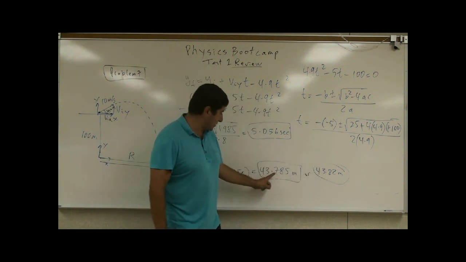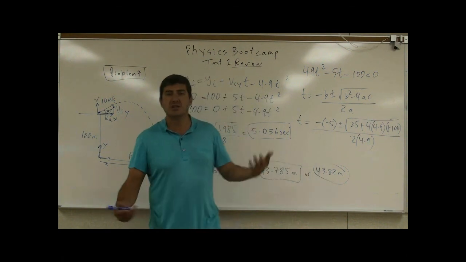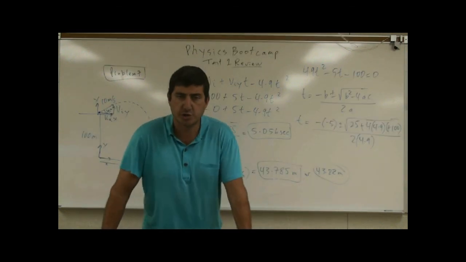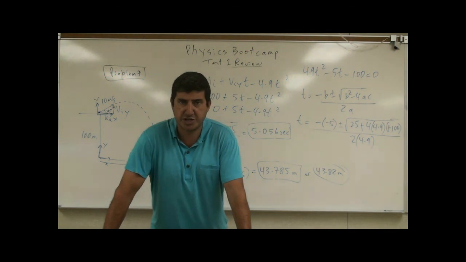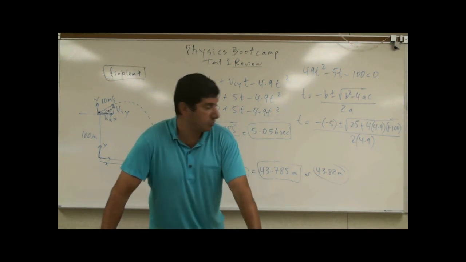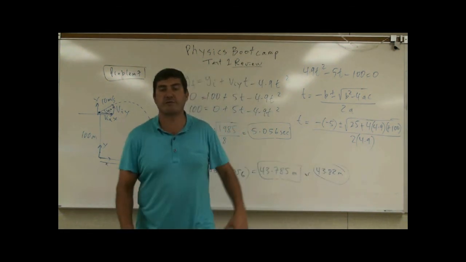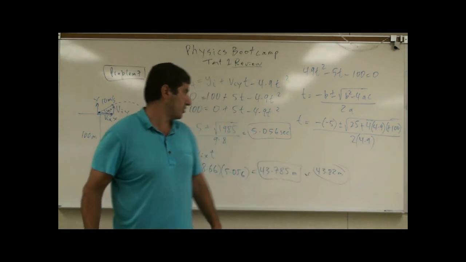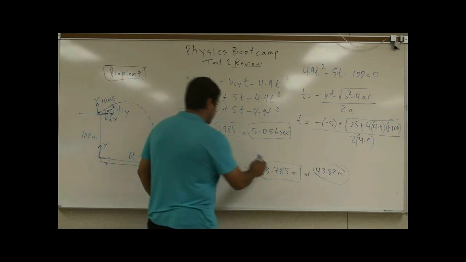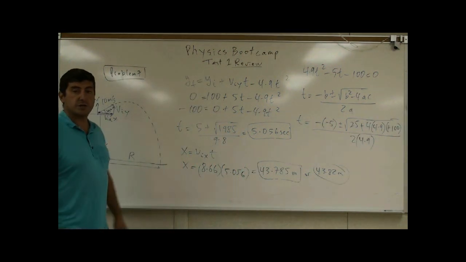On my test, if someone has this or has that, well, 0.82, 0.78, they are relatively close, so I do not deduct points for that, as well as other teachers too. They will count both the same value because it's just a matter of rounding error, okay? So either answer is fine. So that's the way to calculate the range that the rock went.